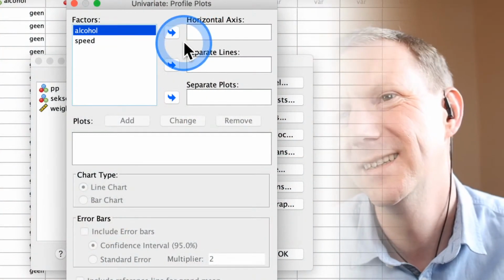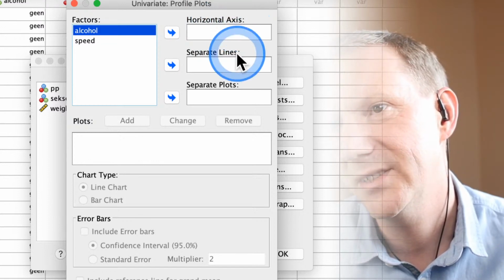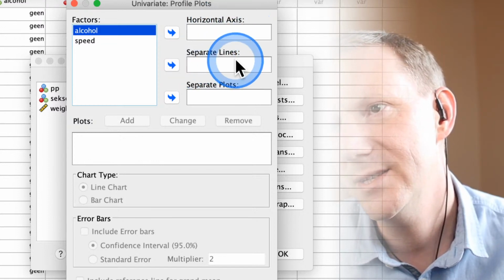So we have the contrasts. The plot, let's see, should we make a plot? What do we need to do if we want to make a plot? Here? We can't see the slides. Oh, sorry. Here you go. So I can have a horizontal axis and separate lines.